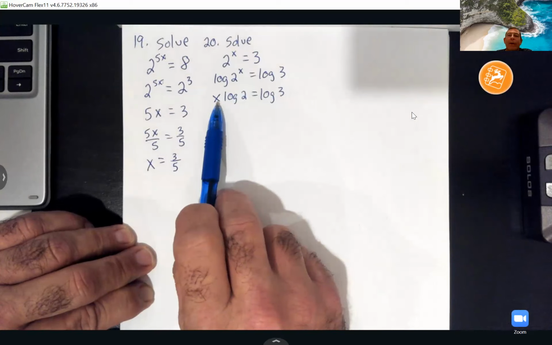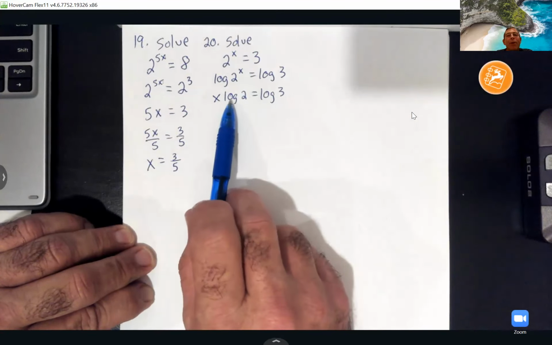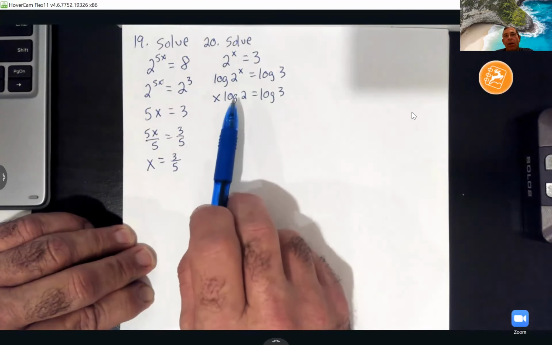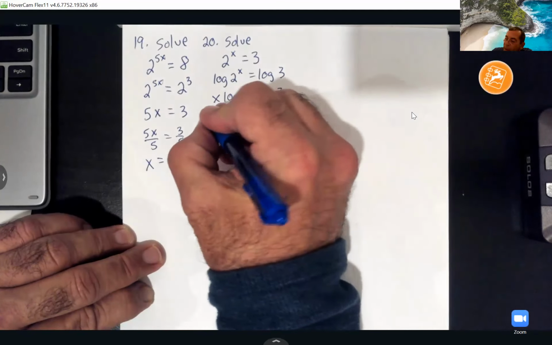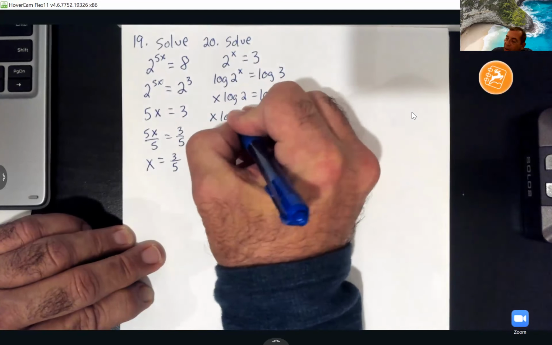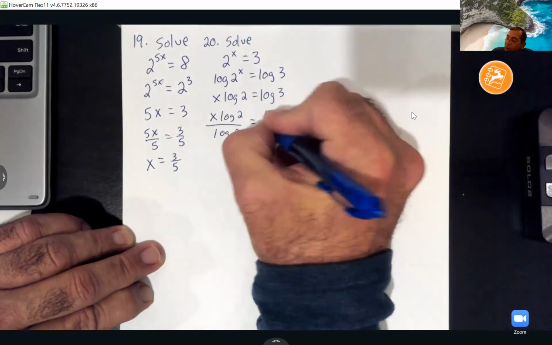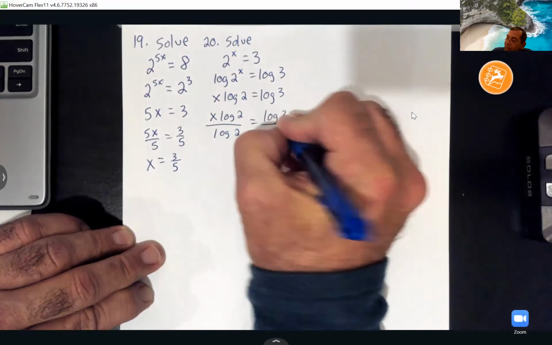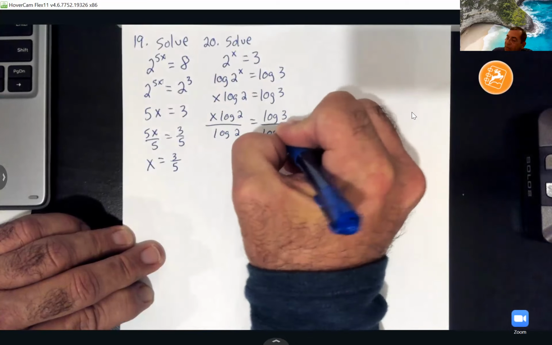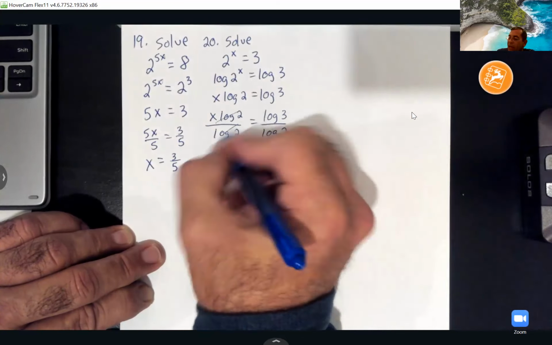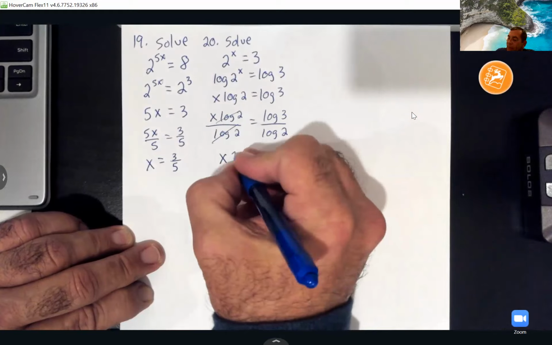So to make that 1x over here, I'm going to divide both sides by log 2. So x log 2 divided by log 2 will equal the log of 3 divided by the log of 2. These logs will cancel, leaving the x.